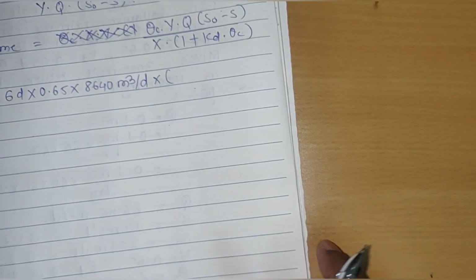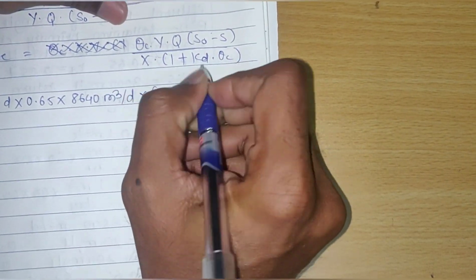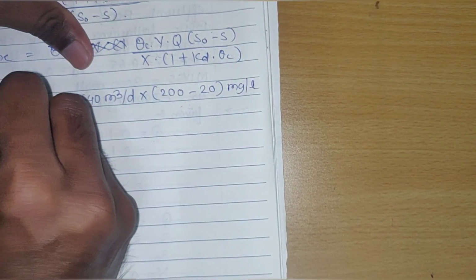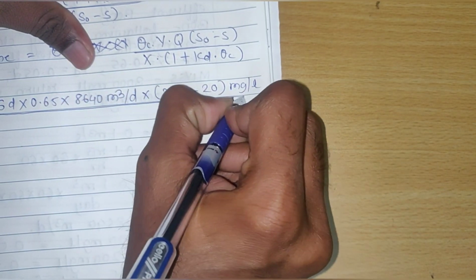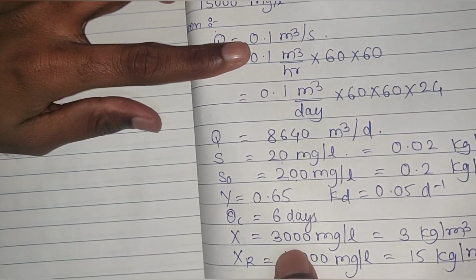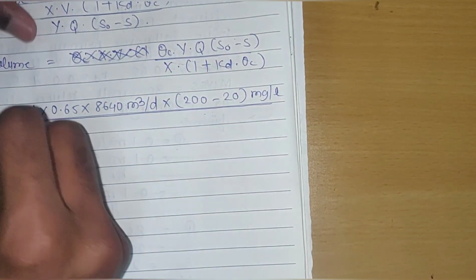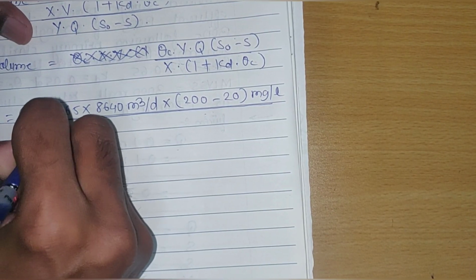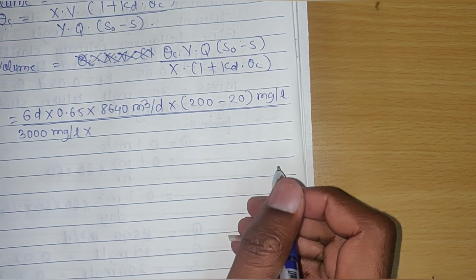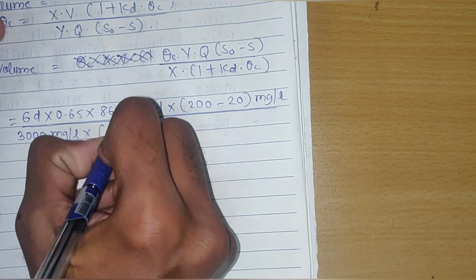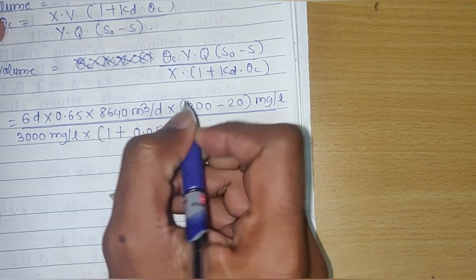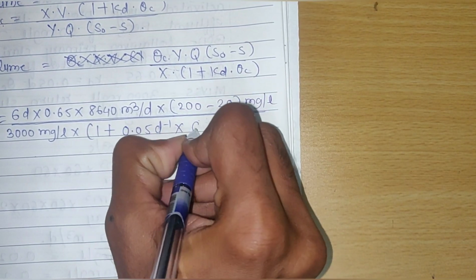S naught value is 200 minus 20 milligram per liter divided by X value, capital X 3000 milligram per liter into 1 plus KD value 0.05 per day into theta C 6 days.